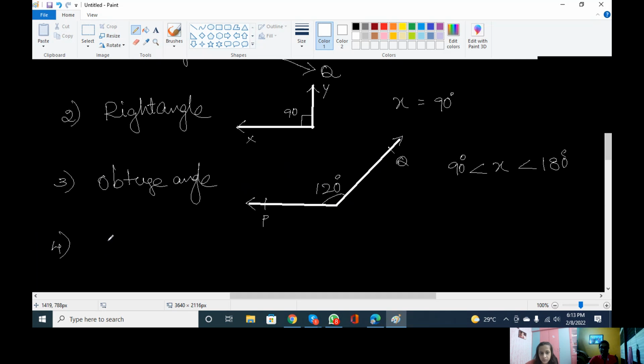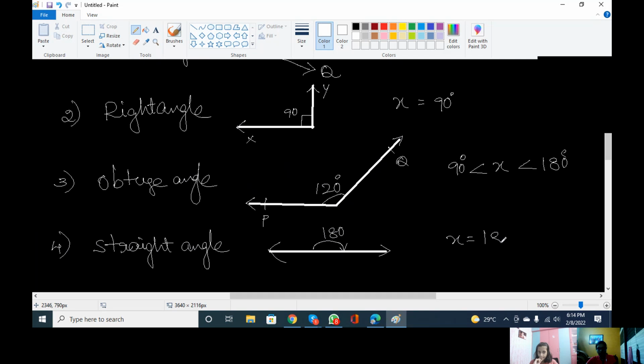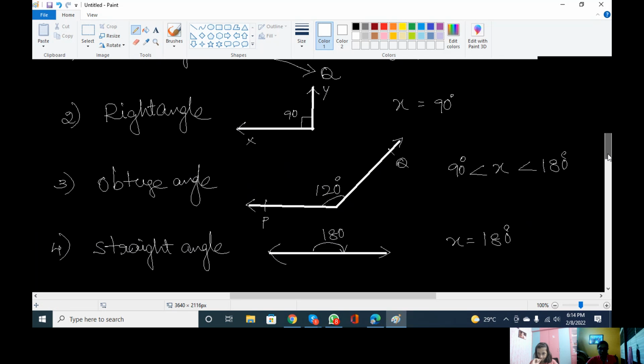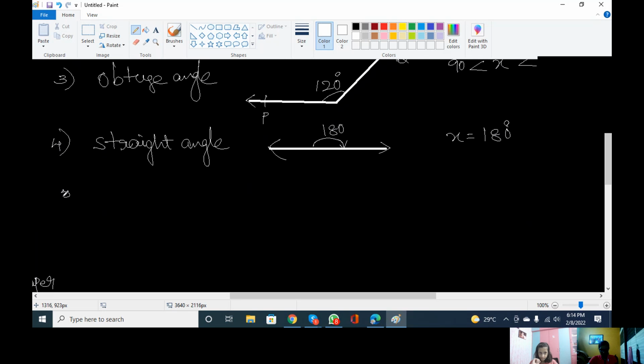Next, exactly 180 degrees means a straight angle. It is exactly 180 degrees, like this straight line. If you want to measure an angle on a straight line, it is 180 degrees. Next, number 5, reflex angle.